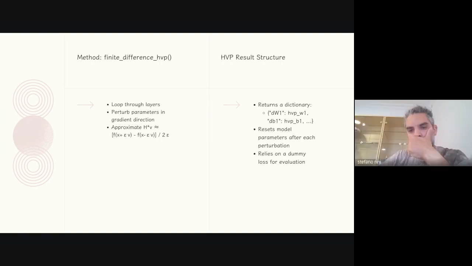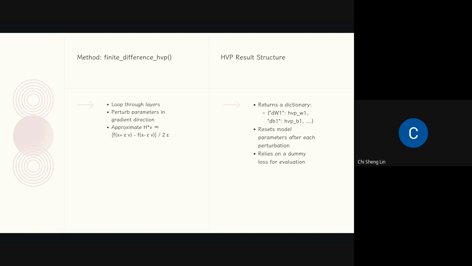The result on the right-hand side of the slide is a dictionary of approximated HVPs for each parameter. After computing each perturbation, the original parameter values are restored to avoid drift. And this process is repeated layer by layer for both weights and biases. Next page.